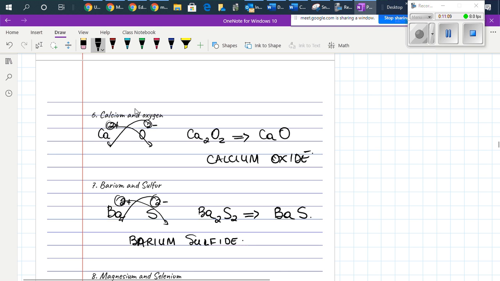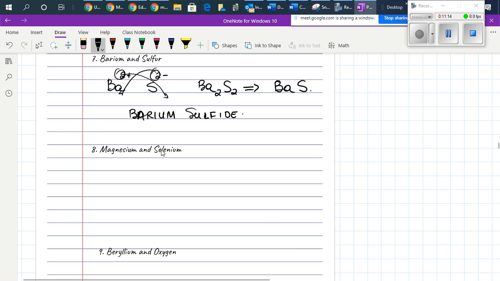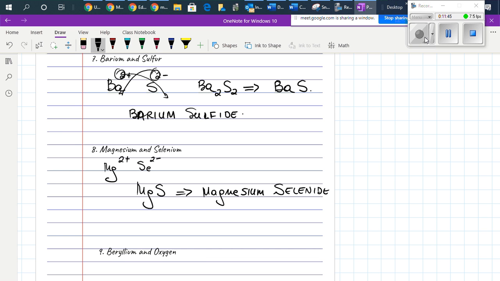Magnesium and selenium. Okay, magnesium is 2 plus, selenium is 2 minus, and this will be MgSe, and the name is magnesium selenide.